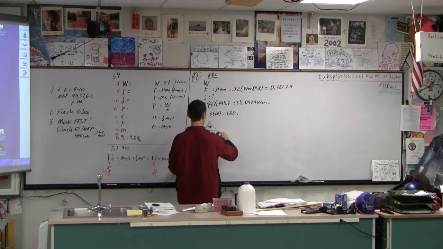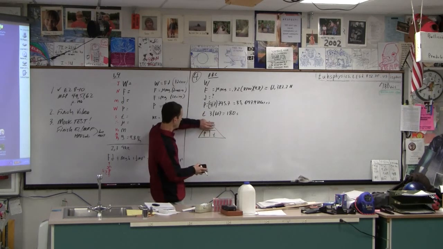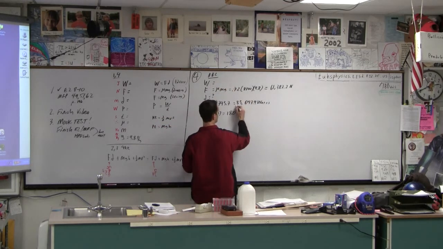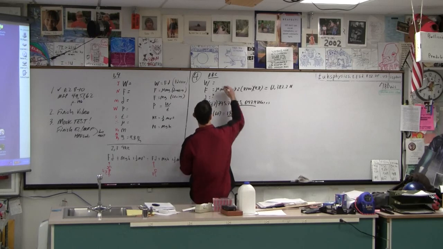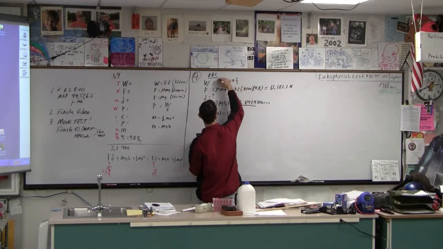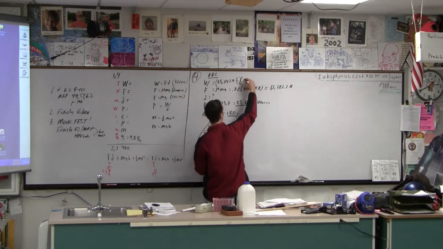Yeah, the power triangle, right? So work is going to be power times time, right? Okay, so work is going to be this guy times this guy. That's joules per second times 180 seconds.